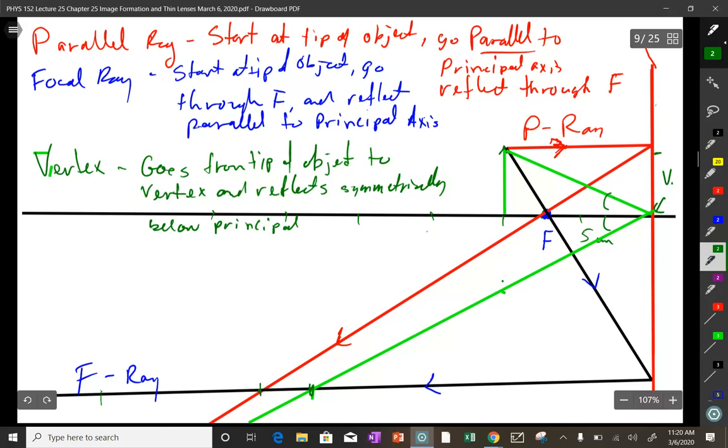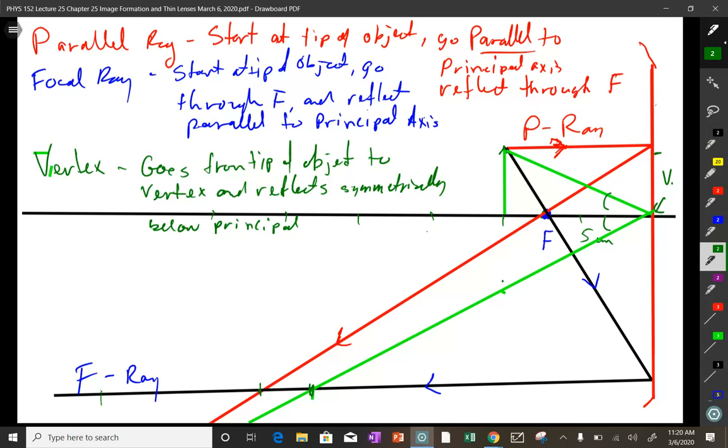I'm going to be looking to see if you described each of the rays correctly, and then if you actually drew them correctly. If they don't exactly match where they're supposed to meet, that's not what I'm measuring. Now, if they're way away from where they're supposed to meet, you probably didn't draw them correctly.